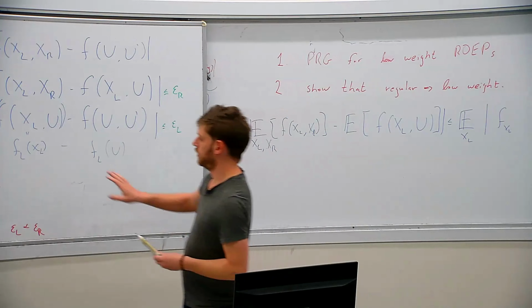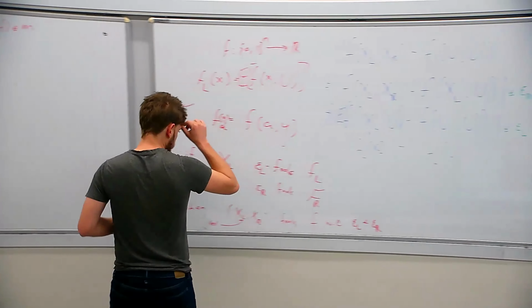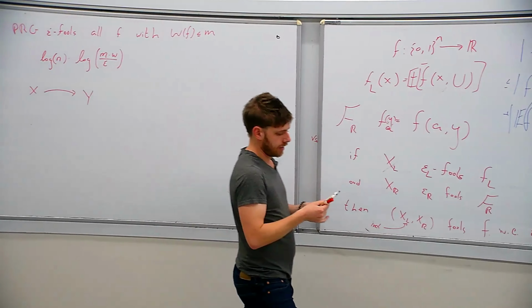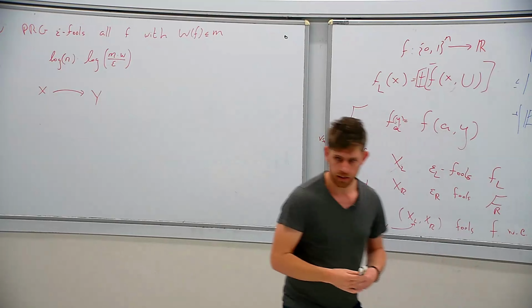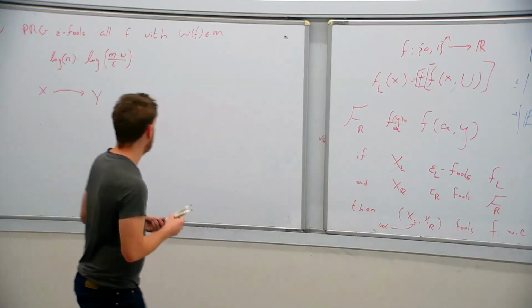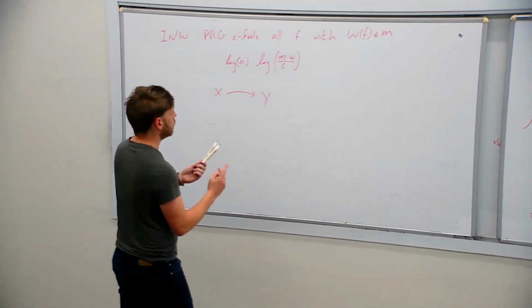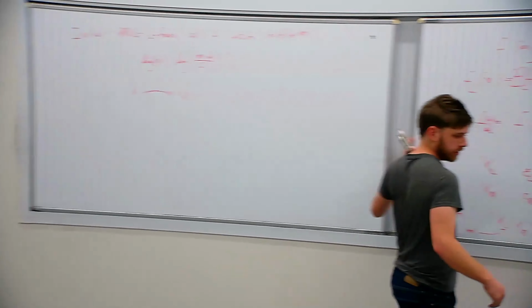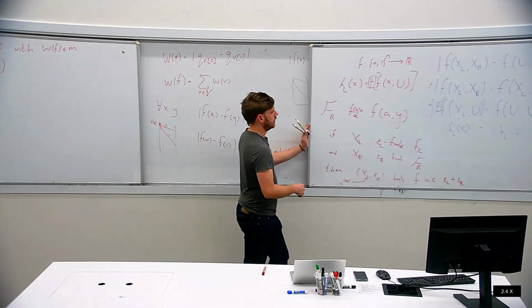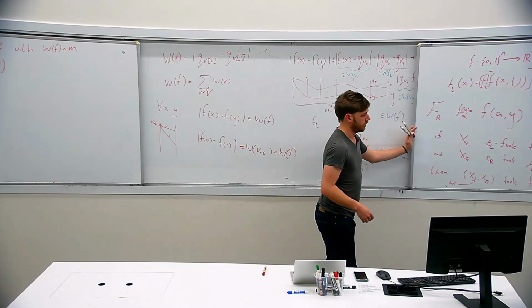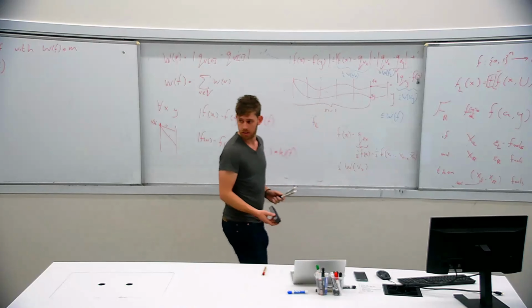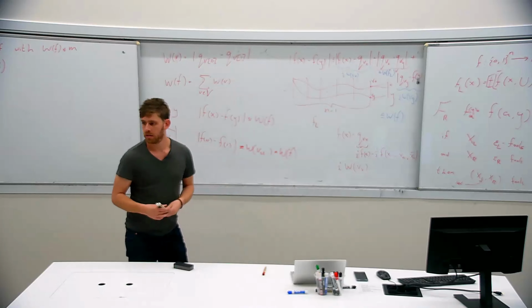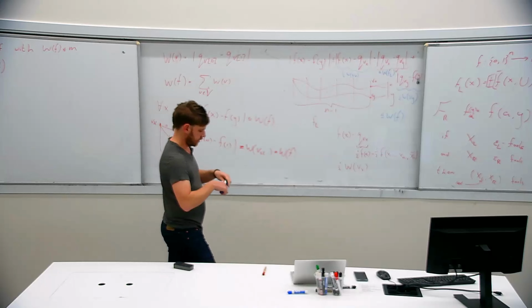Okay, so this is the lemma for the uncorrelated seeds for the two parts. But what we want to do is to take, okay, I write it now. That's assuming you assume here somewhere that XL and XR are independent.